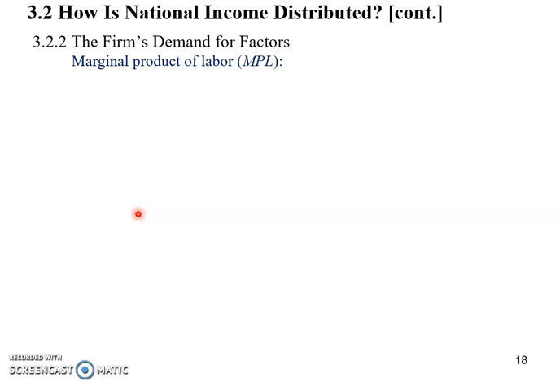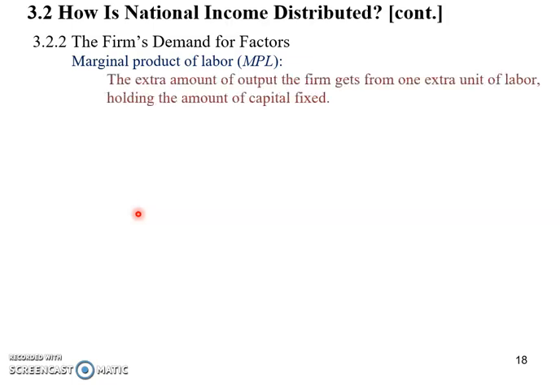Let's get it defined and look at its curve on the graph. The definition is the extra amount of output the firm gets from one extra unit of labor, holding the amount of capital fixed.